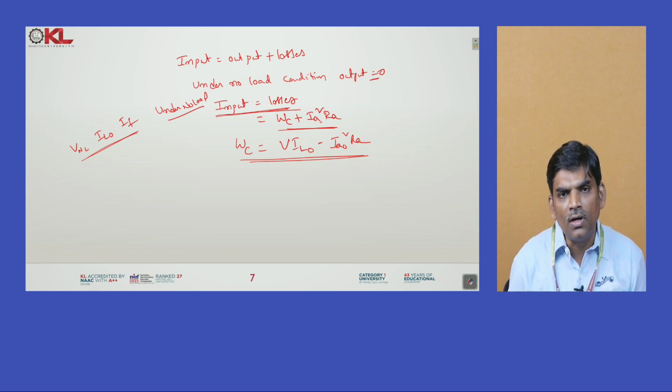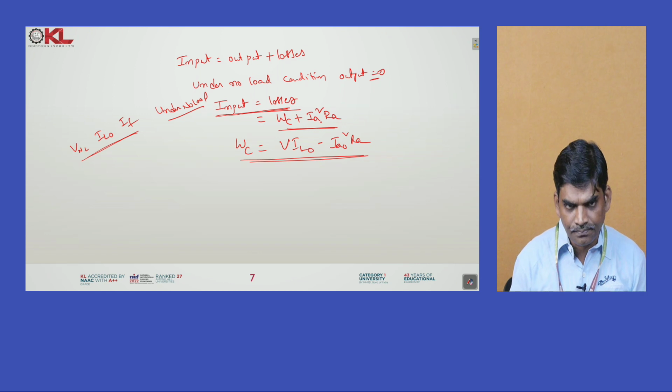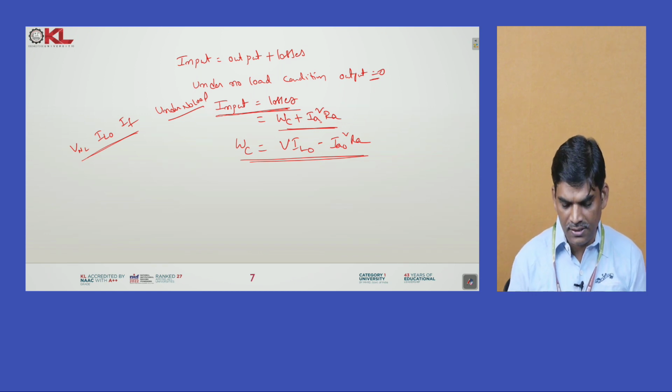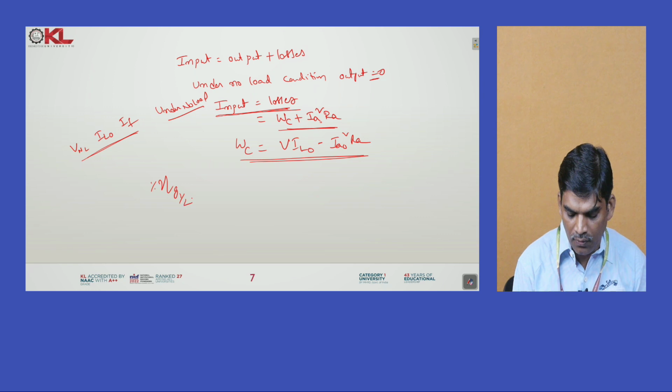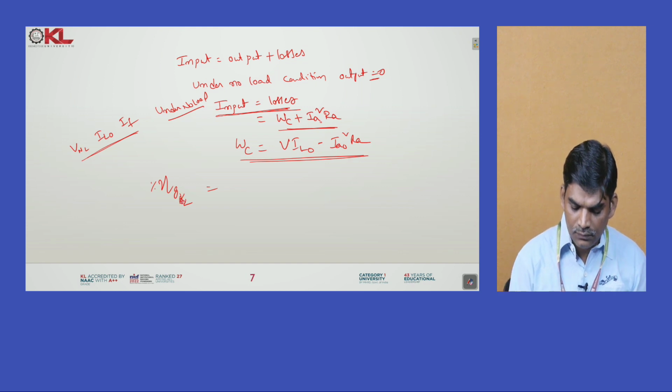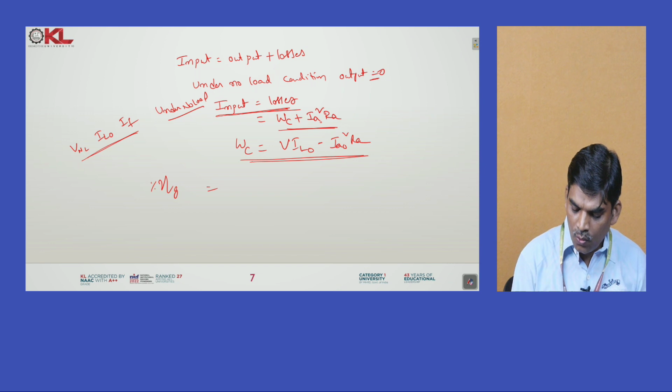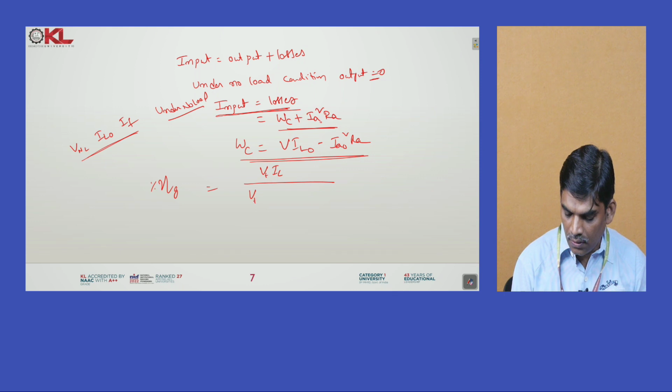For example, you want to measure the offload efficiency. How to calculate it? What is the variation? You want the generator efficiency, but at offload. What is the formula generally? For full load, the efficiency is VIL, the output, divided by output plus losses, WC plus IA square RA, into 100.